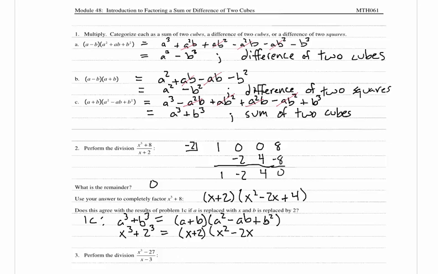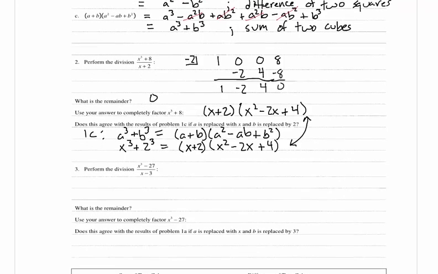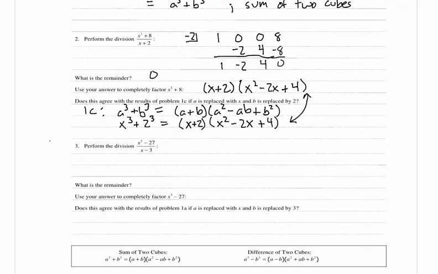And b is 2, so 2 squared is equal to 4, so plus 4. And you can see that our results are the same, so they do agree. In 3, it says, perform the division x cubed minus 27 divided by x minus 3.